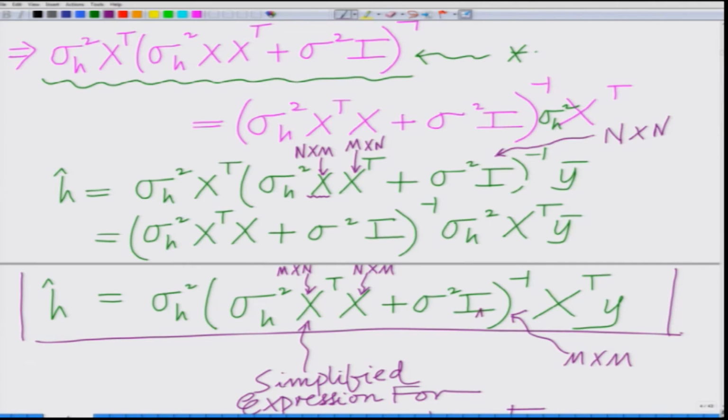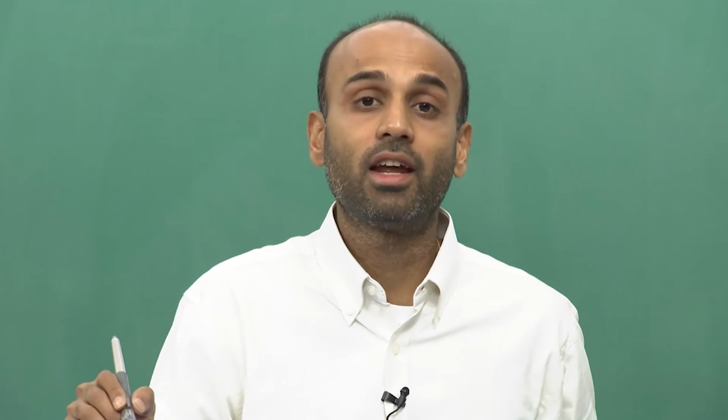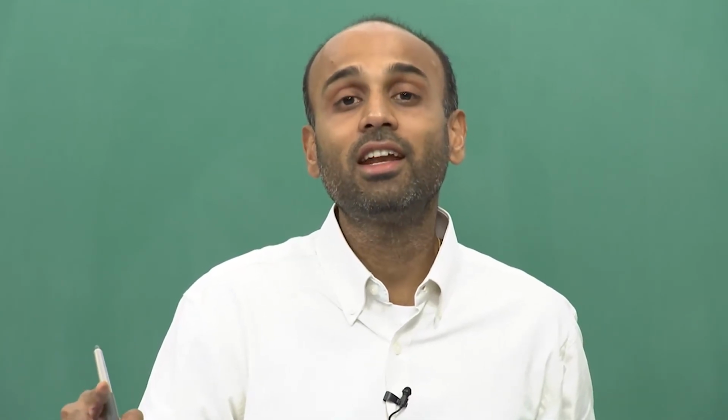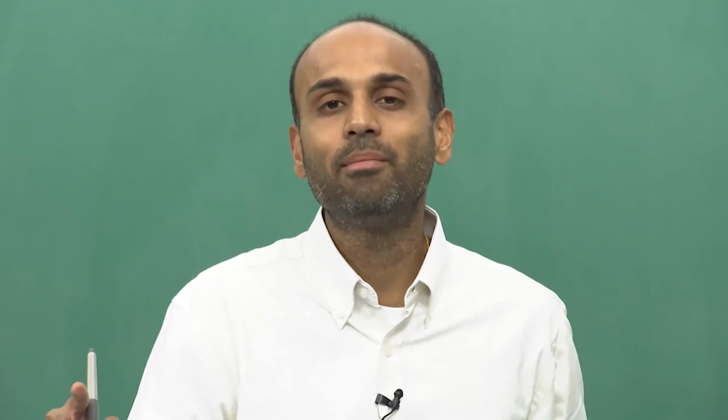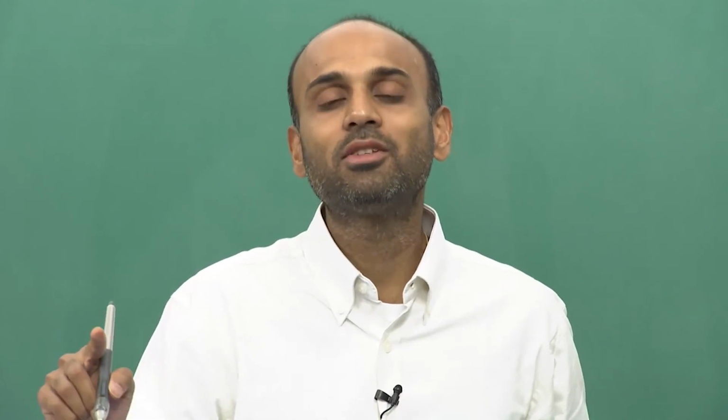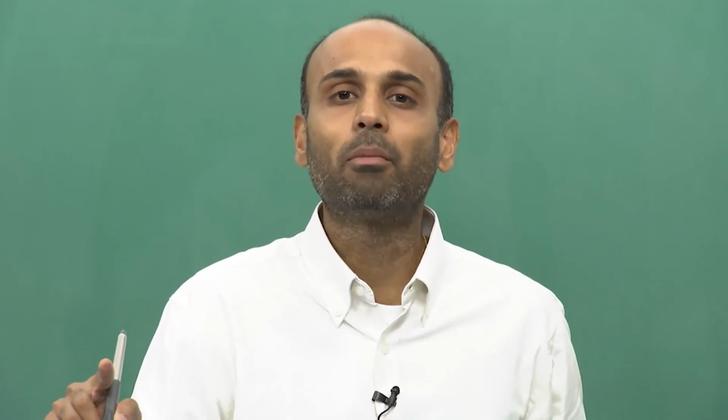In fact, the identity here is m cross m, the identity in the first expression is n cross n. So, in the first case you are inverting an n cross n matrix where n is the number of pilot vectors. In the second case, you are inverting an m cross m matrix where m is the number of antennas, and typically the number of pilot symbol vectors transmitted is always much more than the number of antennas.